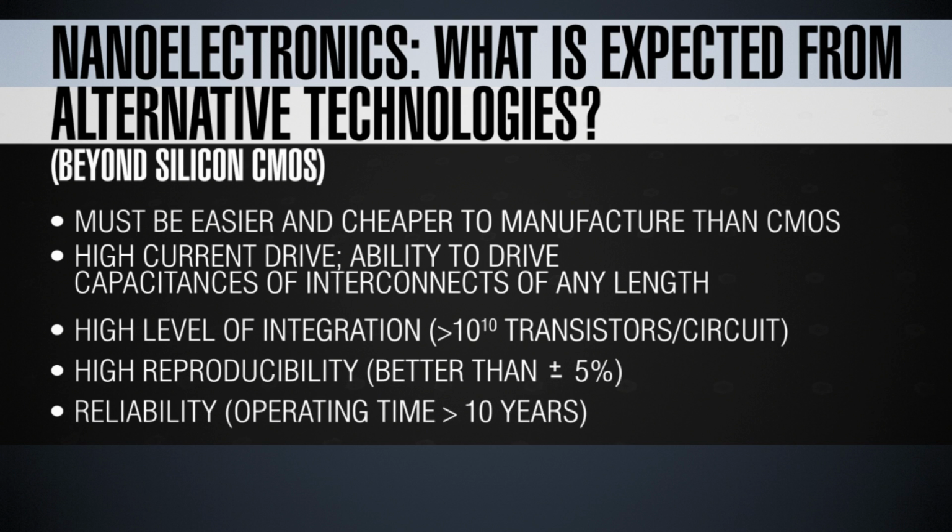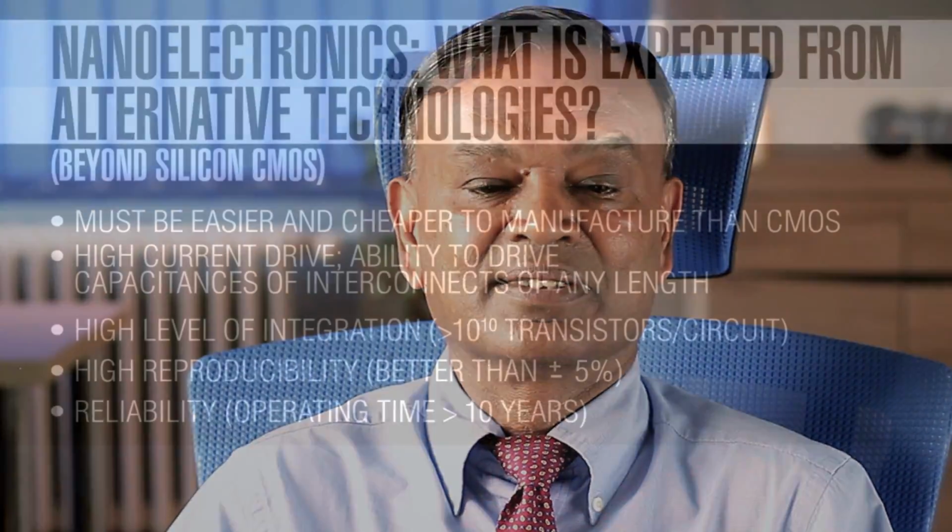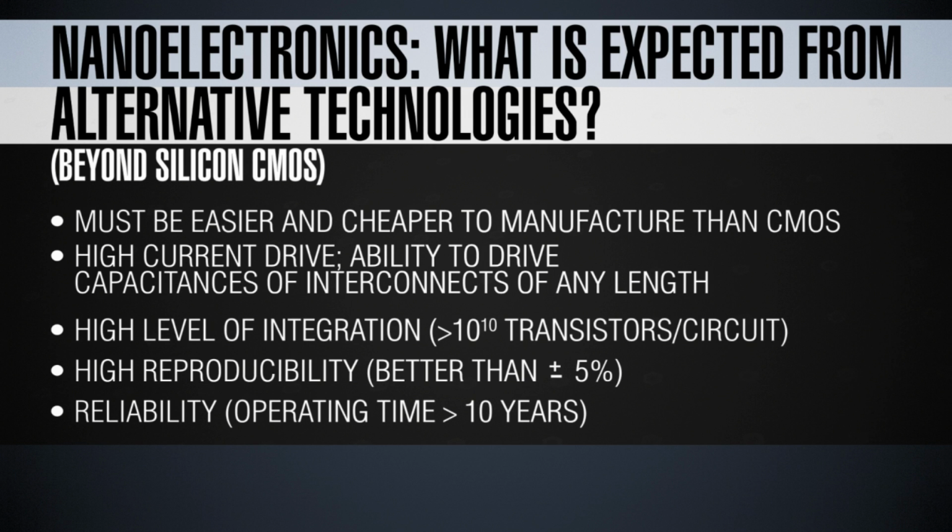Whatever technology you want to push, whether it is carbon nanotube based devices or graphene electronics or nanowires of silicon or germanium, regardless of the material and regardless of the approach, it must be easier and cheaper to manufacture compared to CMOS. You need very high current drive.